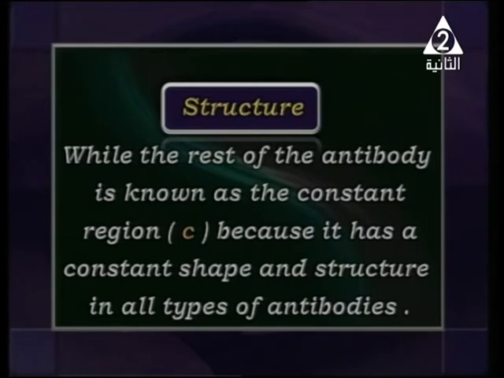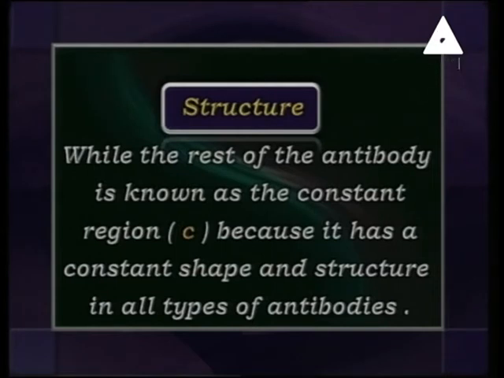The remainder of the antibody is known as the constant region. Again, the antibody consists of two main parts: one is variable, we call it V, and the other is constant and doesn't change, and we call it C, because it has a constant shape and structure in all types of antibodies, contrary to the V region, which varies from antibody to antibody.